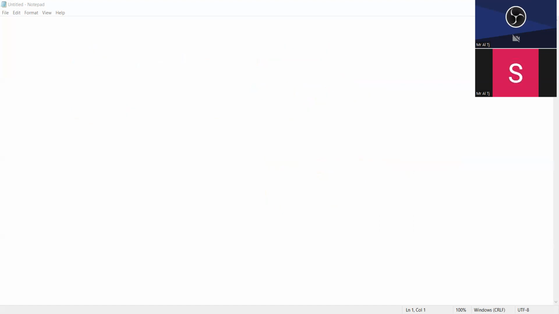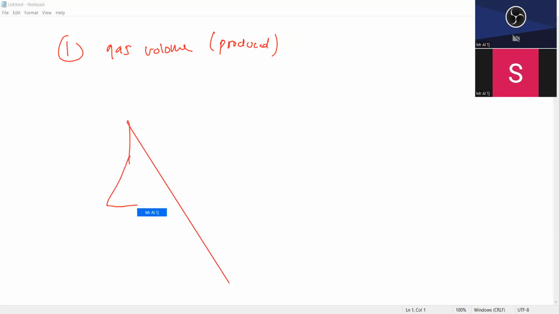Okay, let's see the first case here. The first case is to find out the gas volume, or gas produced. In this case, we need to have the reaction happen in a vessel that is gas tight.